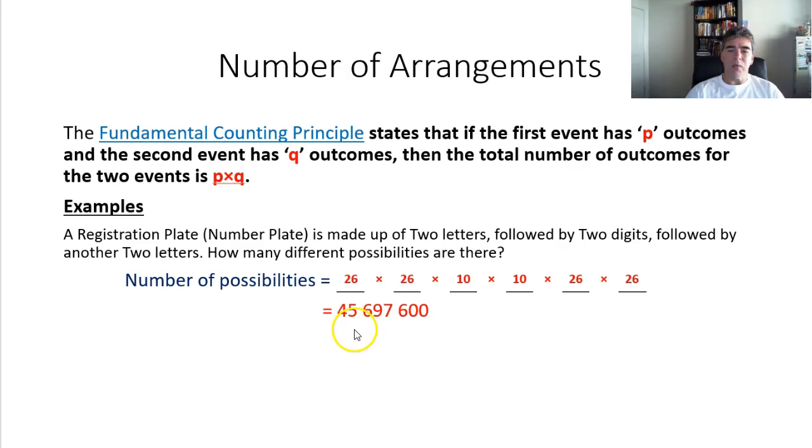Multiply those together and we get 45,697,600 different possibilities there. Quite a lot. And for Australia, that's more than what our population is. For other countries, that's nowhere near enough different possibilities. So there would have to either be more letters or different ways that we can put our letters and numbers together to create more possibilities.